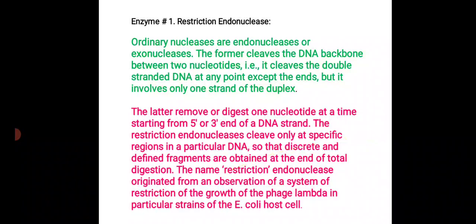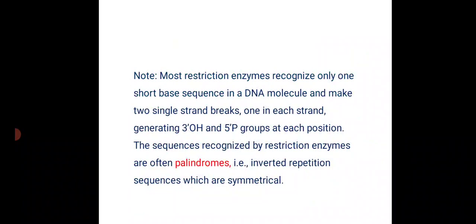The name restriction endonucleases originated from an observation of a system of restriction of the growth of phage lambda in particular strains of the E. coli host. Most restriction enzymes recognize only one short base sequence in a DNA molecule and make two single strand breaks, one in each strand, generating 3' OH and 5' P (P means phosphate) groups at each position.